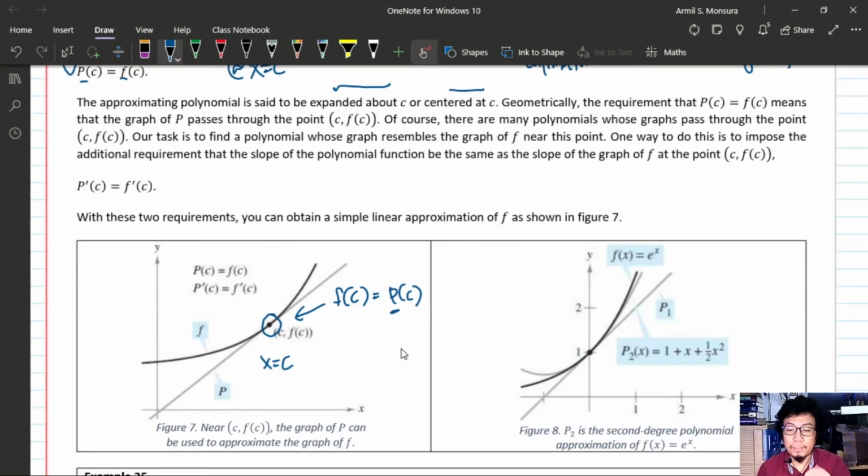That is, our approximating polynomial has the same value as that of f at point C.